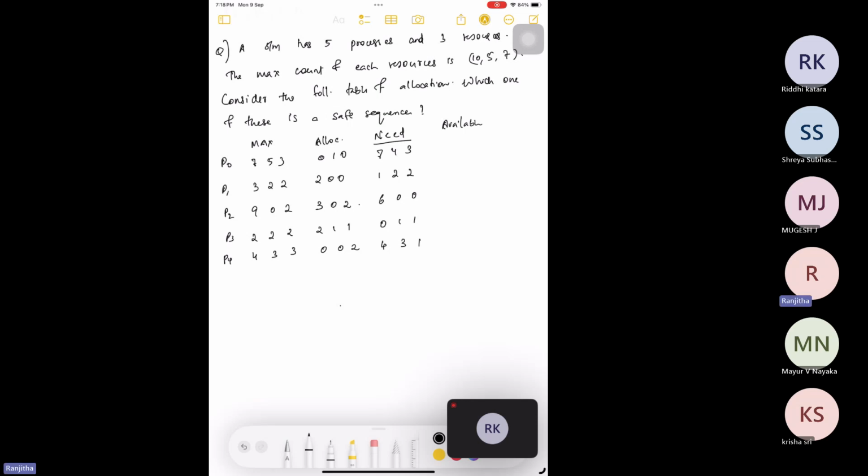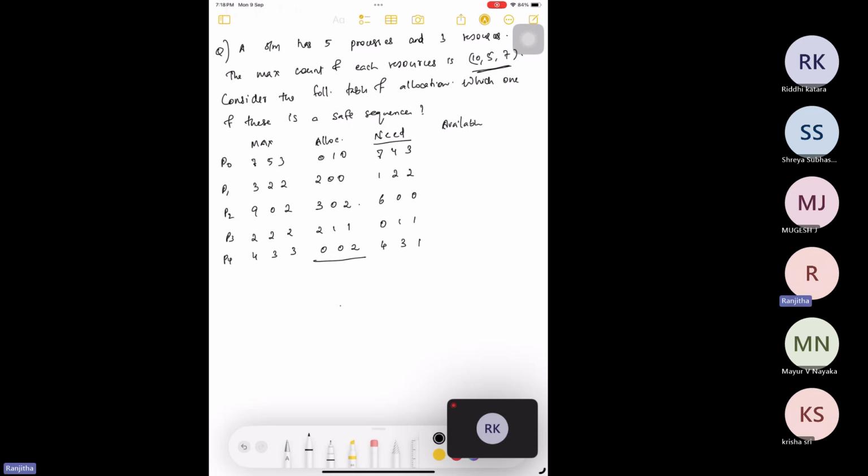How much is the available? This is the total available. That is maximum number of resource R1, maximum number of resource R2 and R3. Okay, 10, 5 and 7. From this, it is allocated. Now let's sum up how many are allocated and find out what are the available free.